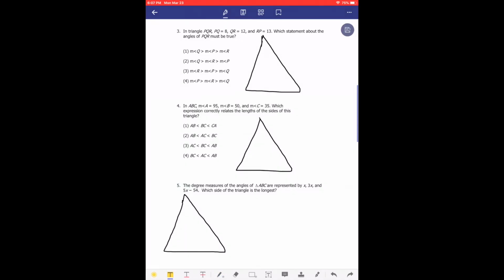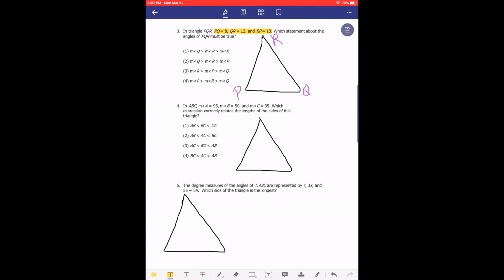Question 3. In triangle PQR, PQ equals 8, QR equals 12, and RP equals 13. Which statement about the angles of PQR must be true? So I'm going to start by labeling my triangle as P, Q, and R. It tells us PQ equals 8, QR equals 12, and RP equals 13.